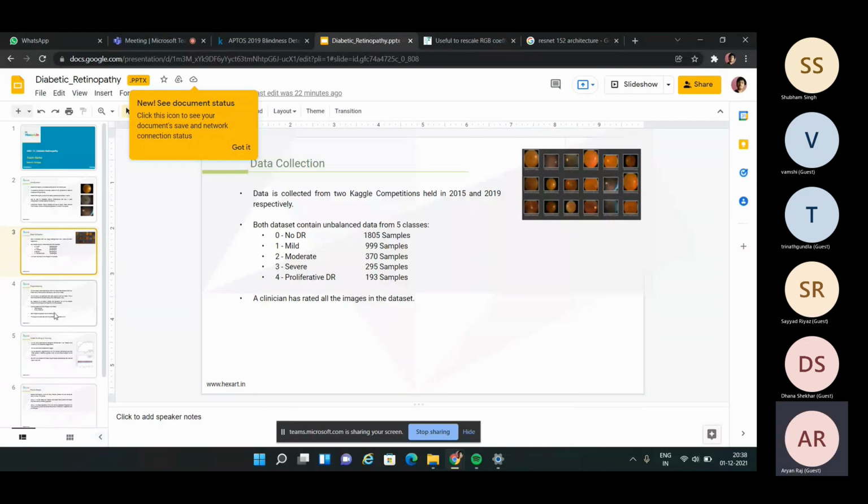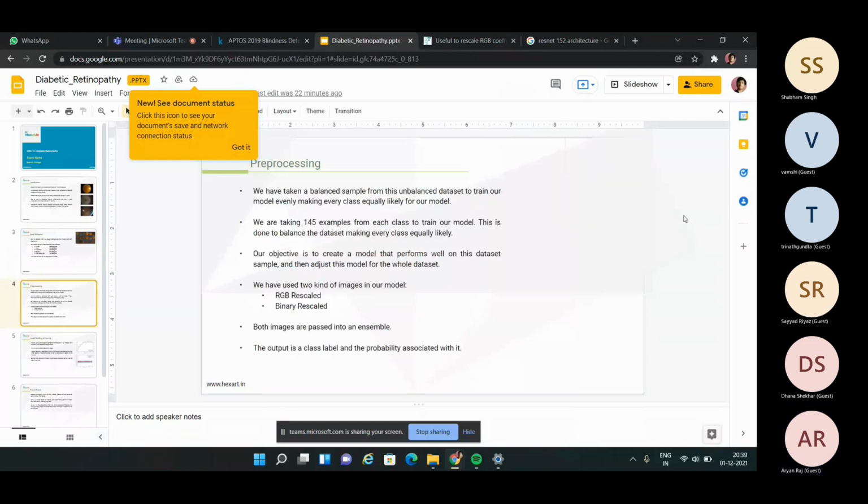So this is our data collection. Coming to our pre-processing, every model has to be balanced to be perfect. Here we took a balanced sample from our unbalanced data, and to train it we are taking 145 samples from each class so that the data is balanced.